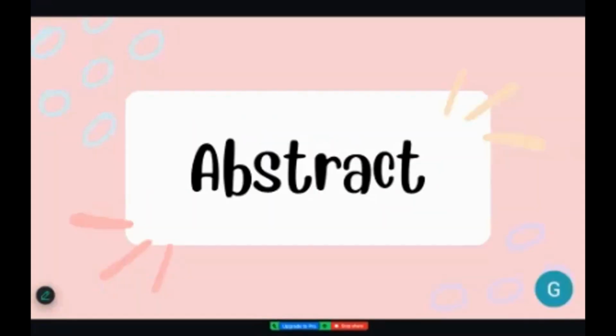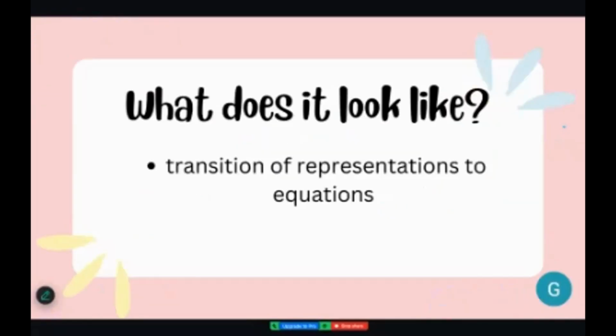Our goal when introducing any kind of mathematical model is to reach the abstract part. At this point, we have done the concrete examples, we have done semi-concrete examples. Now we need to transition from these representations to actual equations.